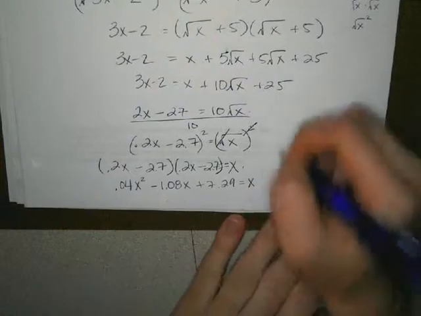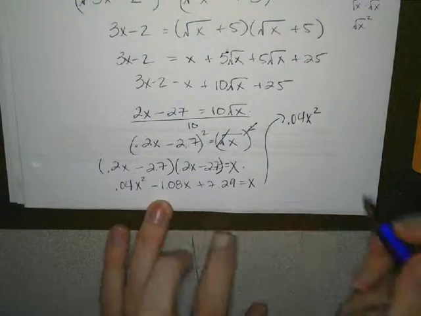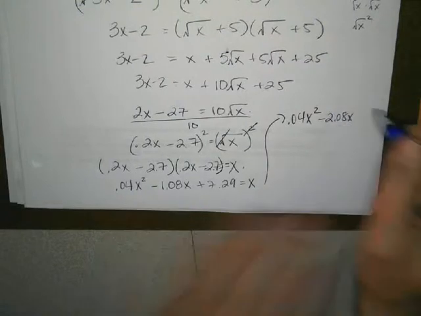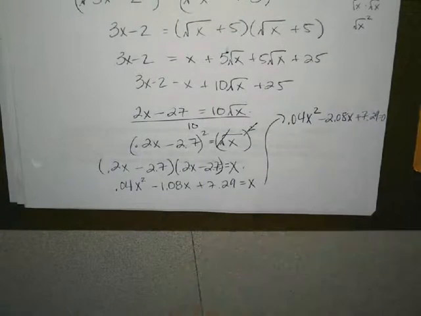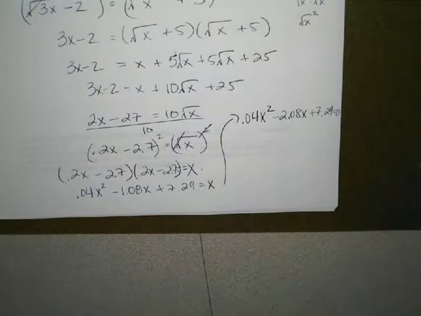If I subtract x, I get 0.04x squared minus 2.08x plus 7.29. And we're going to use the quadratic formula here, plug information in. Okay, so negative b would be 2.08.